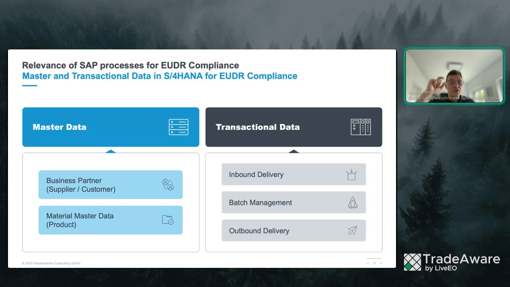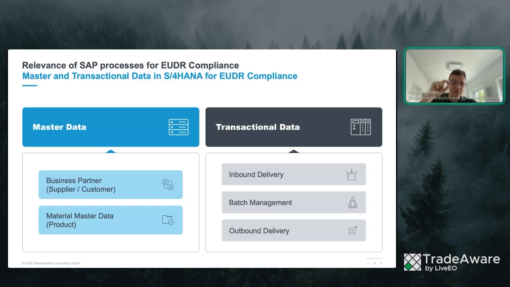And then, of course, you need to look into the material master data. So the business partner, at the end, is the information where you need to look at when you do your risk assessment, where you really need to look at how is the individual vendor fulfilling the requirements according to EUDR.